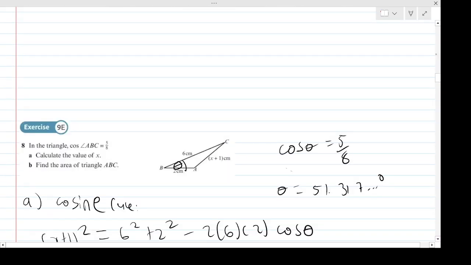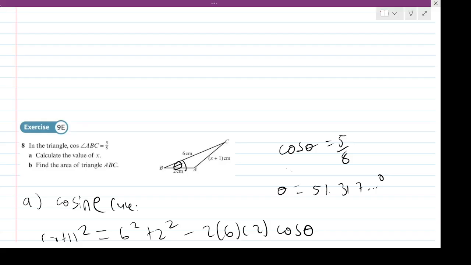Cool. Then part B says find the area of triangle ABC. Right. So if I do it up here, x plus 1, if x is 4, then 4 plus 1 is 5.